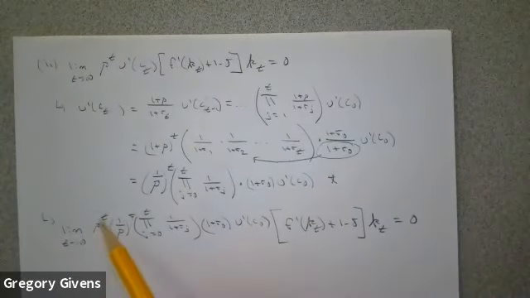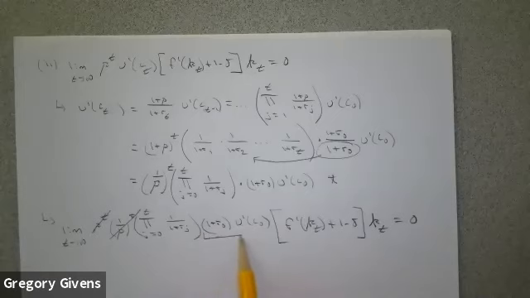Okay, you'll notice that beta to the t should cancel with a 1 over beta to the t. I can take these terms that are independent of t and move them to the outside of the limit expression. And since this whole thing is equal to 0, I can divide both sides and they go away.